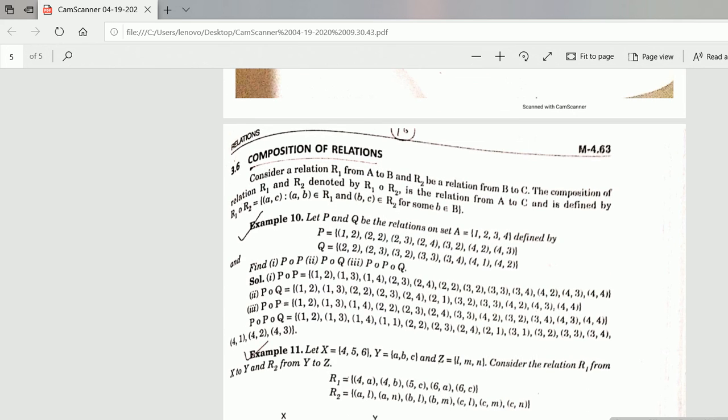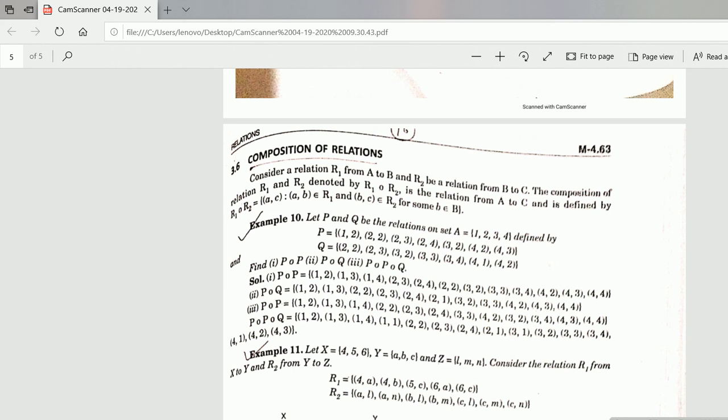Now we will discuss composition of relations. Consider a relation R1 from A to B and R2 a relation from B to C. The composition of relations R1 and R2 is denoted by R1 o R2. This is how to denote the composition.